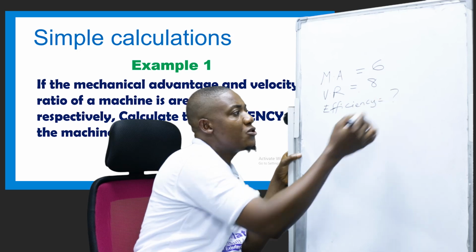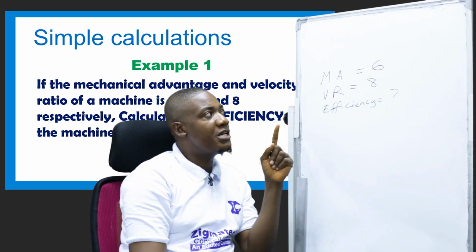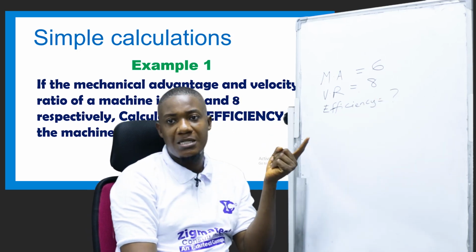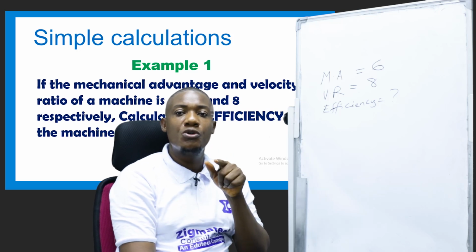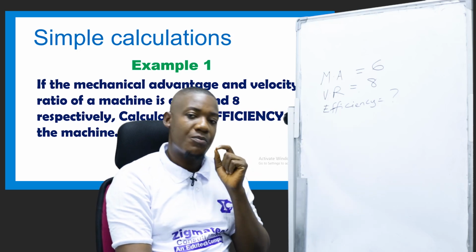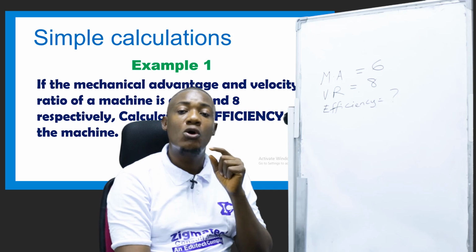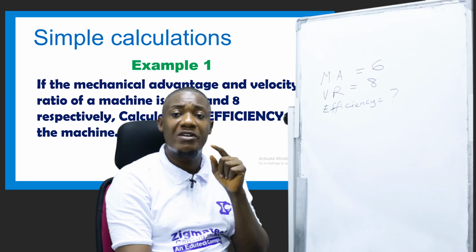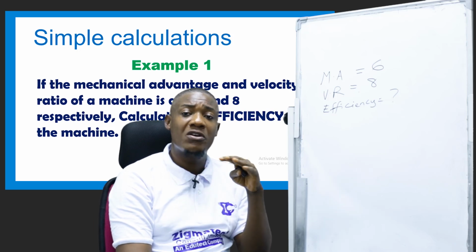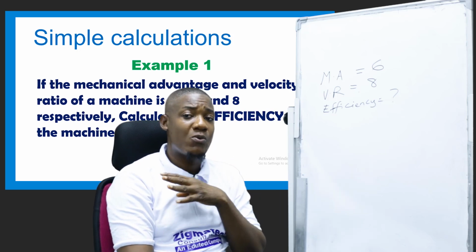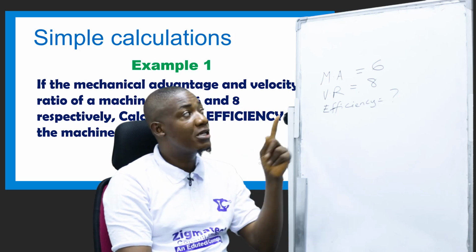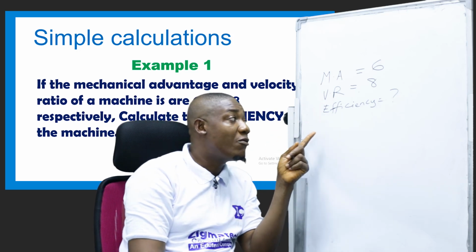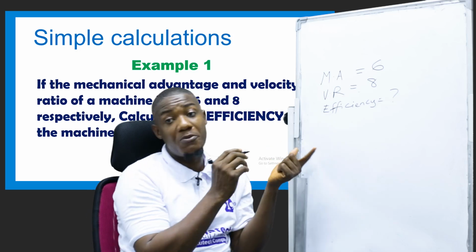Given these parameters, remember I told you earlier that the efficiency of a machine can also be obtained using this formula: mechanical advantage of a machine all over velocity ratio of the machine times 100 over 1. So that formula is what we are going to use to solve the problem.